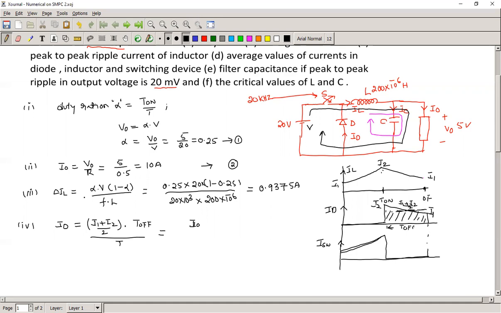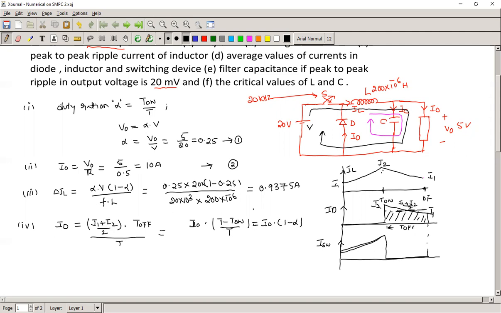Because this inductor is placed near to the top, this average value I1 plus I2 by 2 is equal to I0. Into this T off, we can write it as T minus T on divided by T. This is equal to I0 into 1 minus alpha.